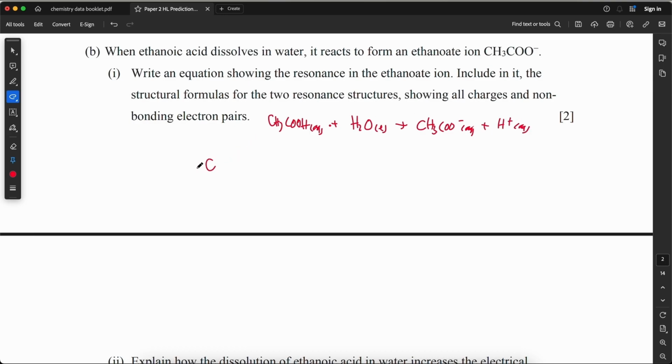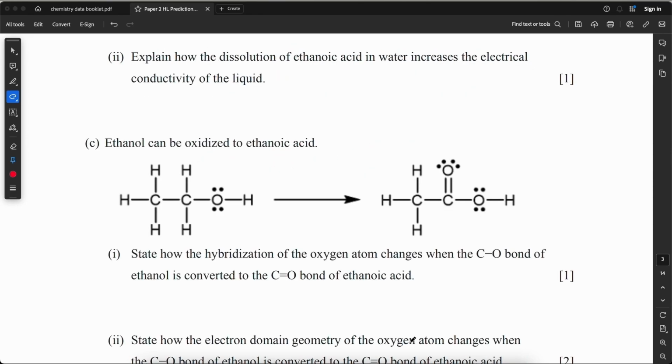So CH3COO minus, so this would be, and this one, and it will be the same with the negative here.